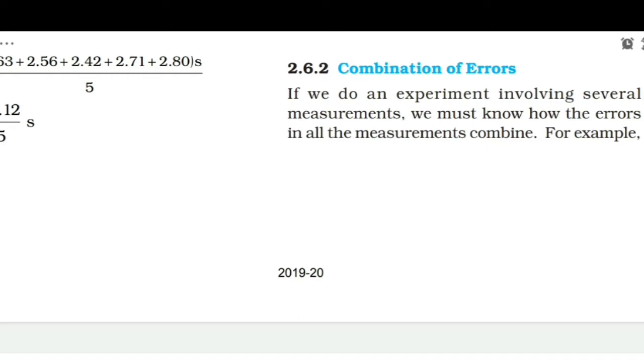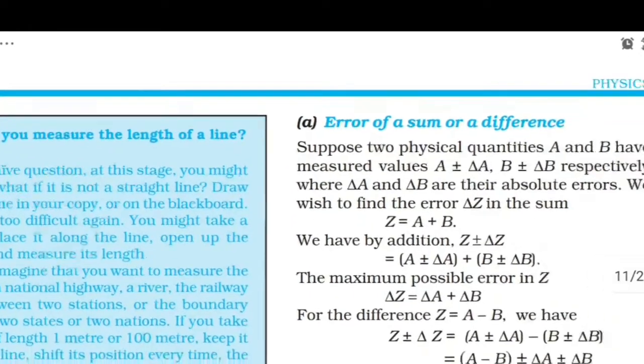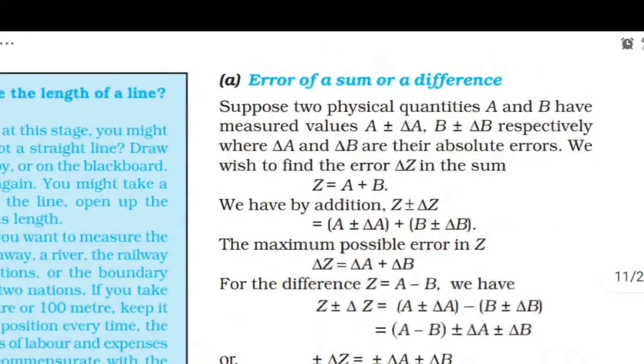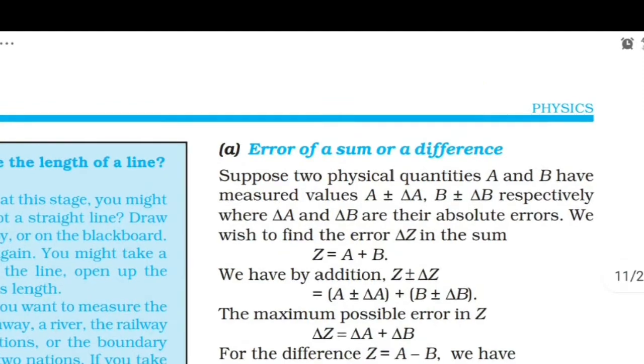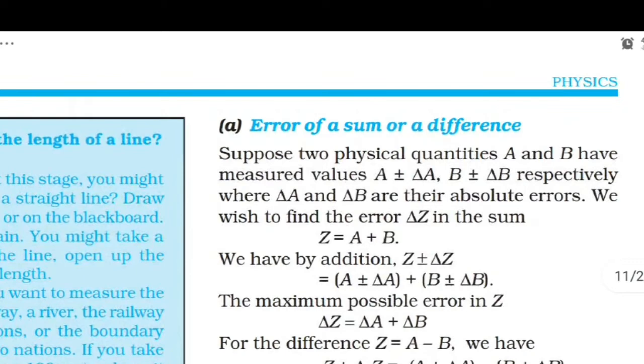To do with that, we have certain rules. So we will discuss the rules, that way we will do this topic. So first case we are assuming, that is, we have the physical quantity expressed as the sum or difference of other physical quantities.